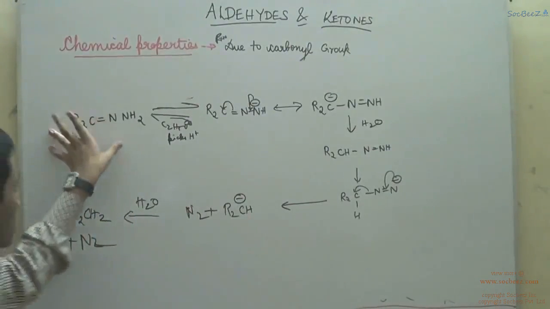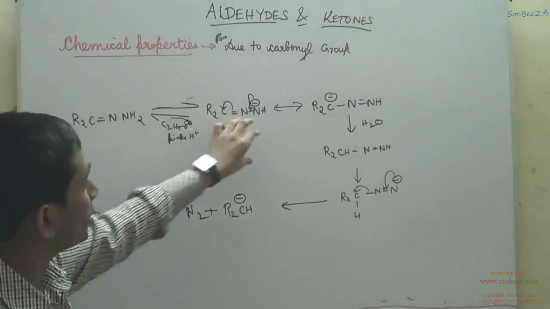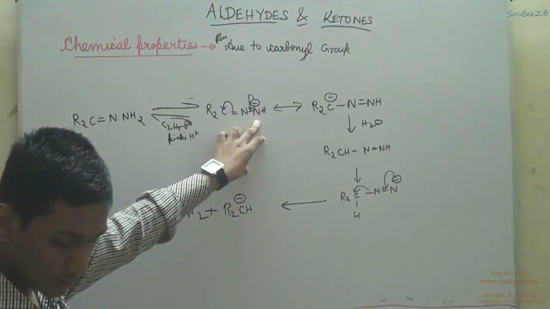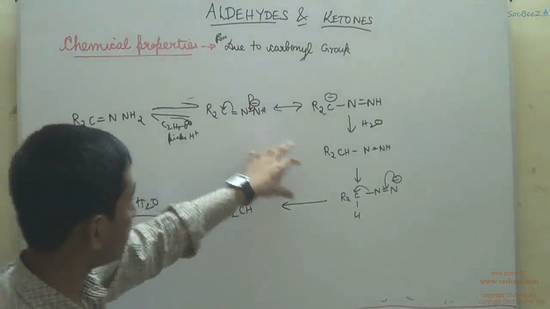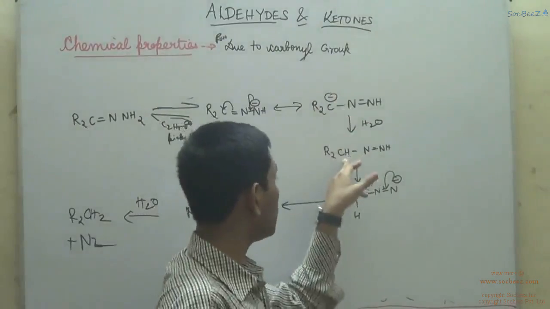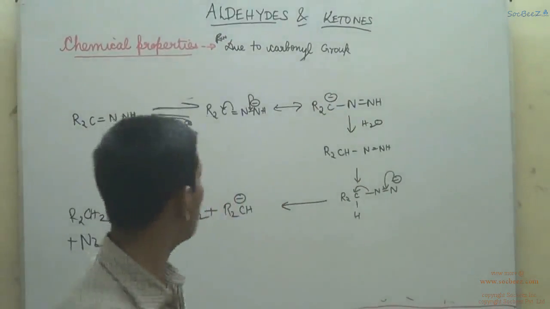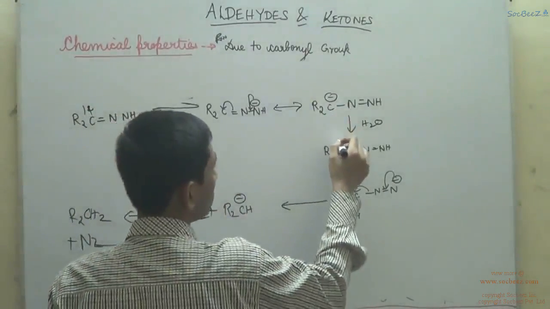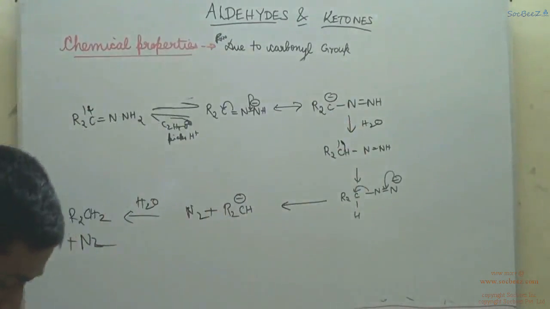So you get this. Now this is the hydrazone. Hydrogen gets removed, so it's formation of the ion. Then this is protonated at the carbonyl carbon. So remember, suppose I have a C14 here, protonation takes place at the carbonyl carbon, right?